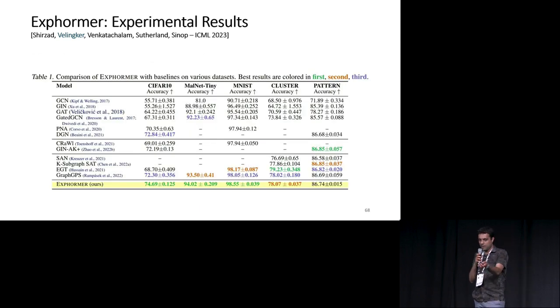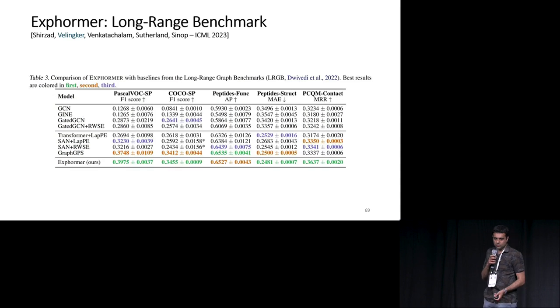It turns out this was able to move the state of the art on a number of different graph data sets and tasks. Notably, you get this long-range performance. There's a benchmark called the long-range graph benchmark, of tasks that presumably require you to learn long-range dependencies.